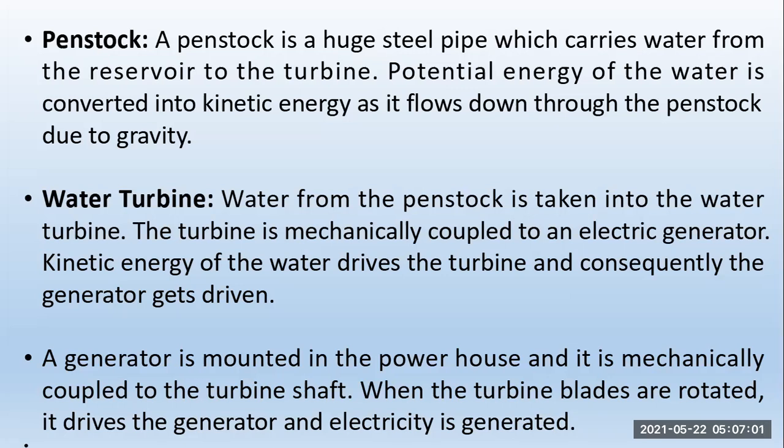The turbine is mechanically coupled to an electric generator. Kinetic energy of the water drives the turbine and consequently the generator. The generator is mounted in the powerhouse and is mechanically coupled to the turbine shaft. When the turbine blades rotate, they drive the generator and electricity is generated.